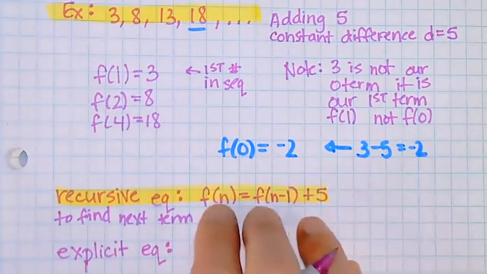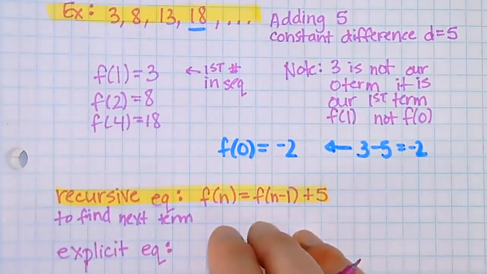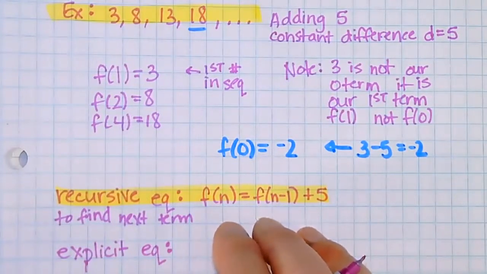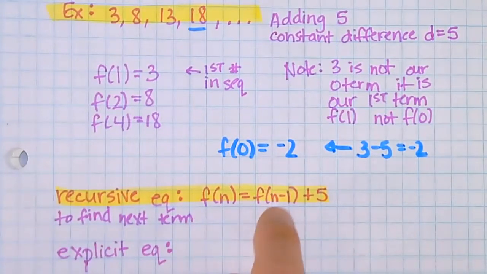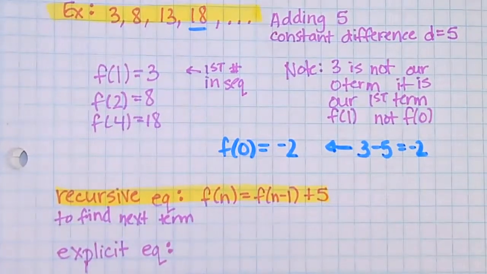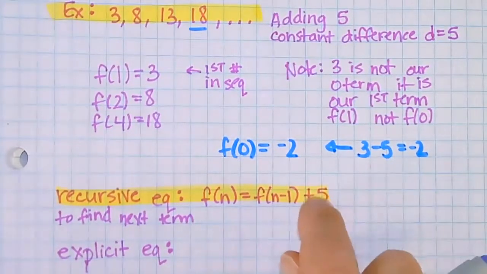Oh, and something I need to add in here is that when we're doing our recursive, we do need to know what we're starting with. Okay, just a little note. We'll get more into this when we start dealing with these equations a little more. But if I saw this, I would know the pattern is add 5.